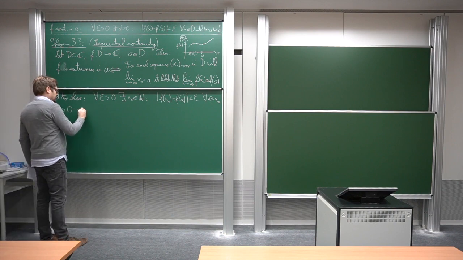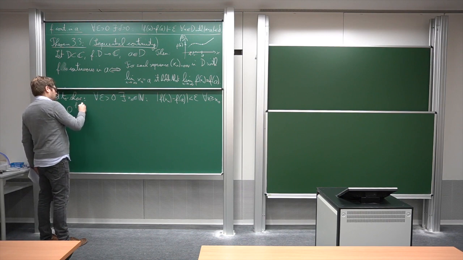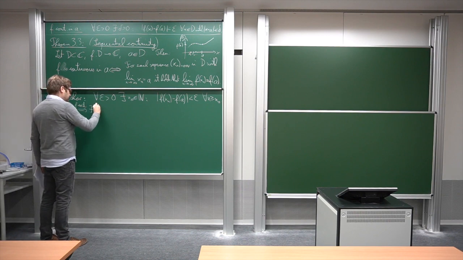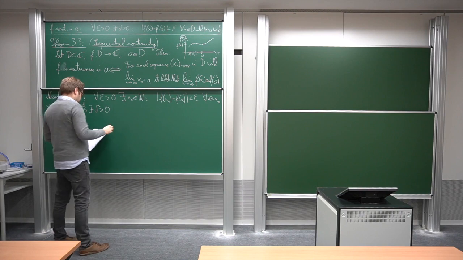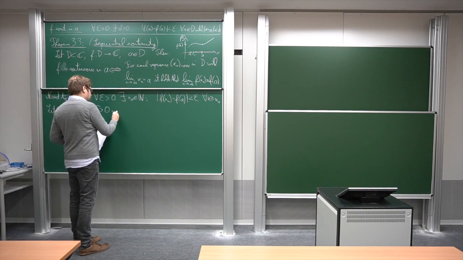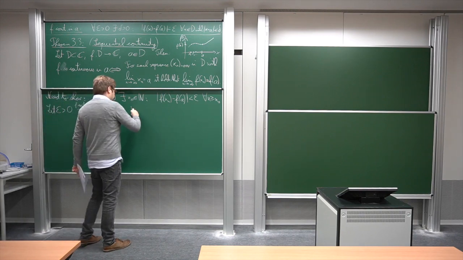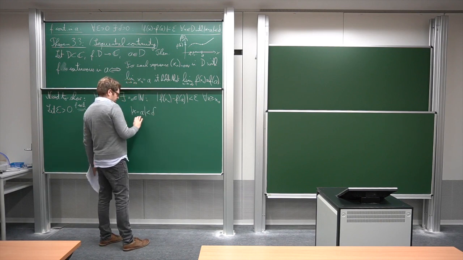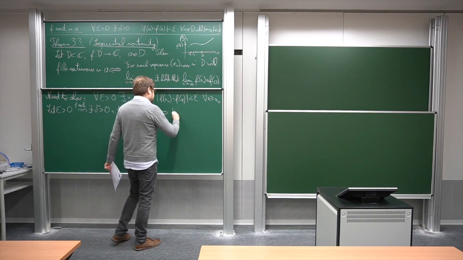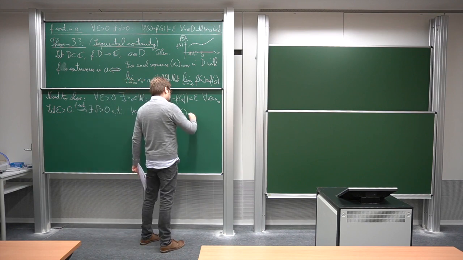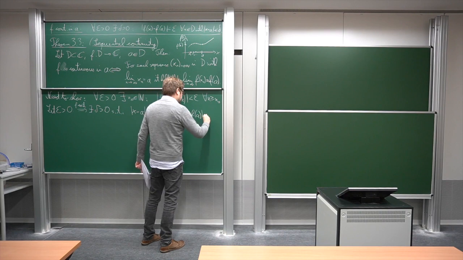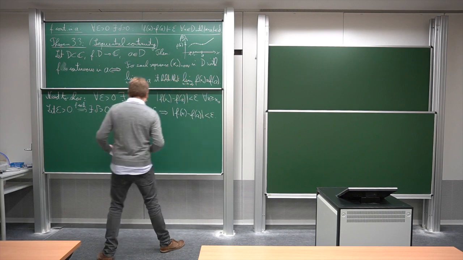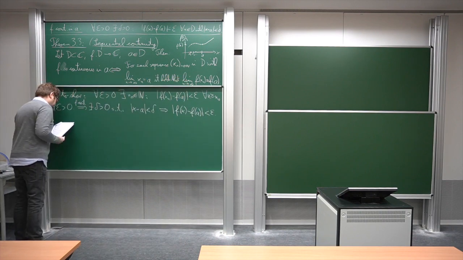Since f is continuous, there exists a delta bigger than 0 such that, formulated in a slightly more concise way, if x is delta close to a, then it follows that the absolute value of f of x minus f of a is smaller than epsilon. Okay, this is what we have.